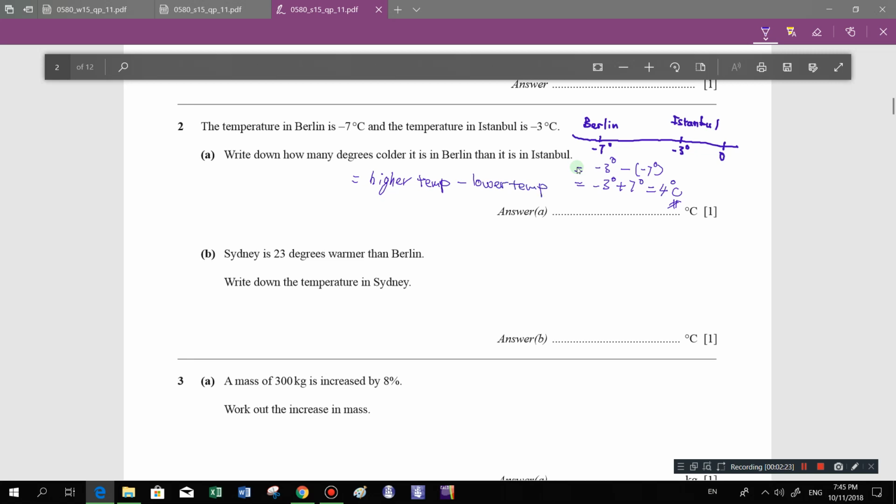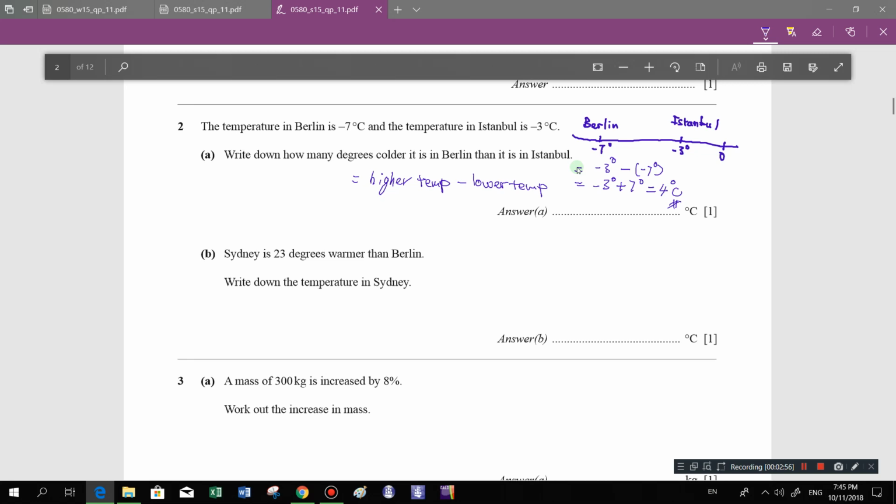If you are supposed to find the temperature difference between two cities, between two towns, you take the higher temperature of the two, put it as the first number, and then minus the lower temperature. Now in this case, you got a negative here, so minus times minus becomes plus 7. That gives you 4.